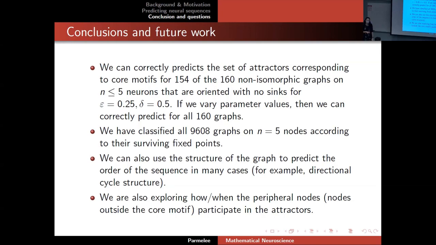We classified all of those 9,608 graphs based on their surviving fixed points. That's one of the papers that we're working on pushing out now: we have these families of graphs that have similar surviving fixed points. We reoriented them so they're all looking almost the same. And you see such similarities in their attractors, there has to be something to our story, right?